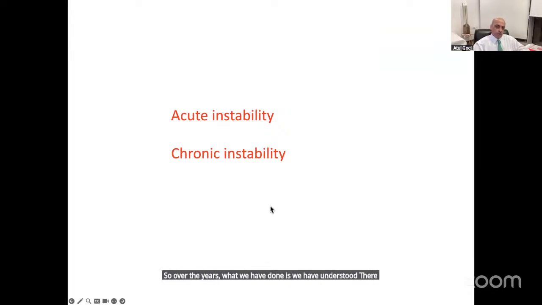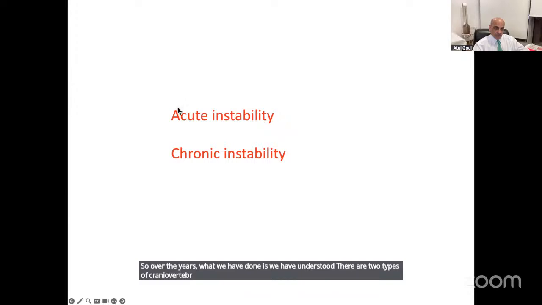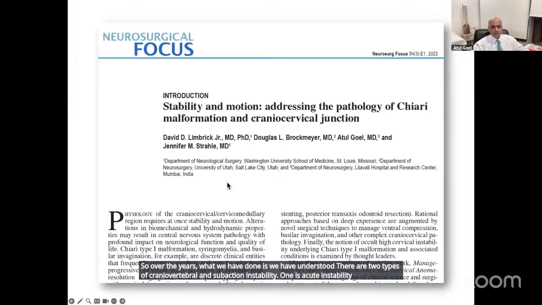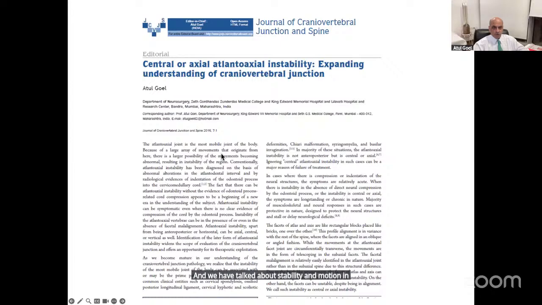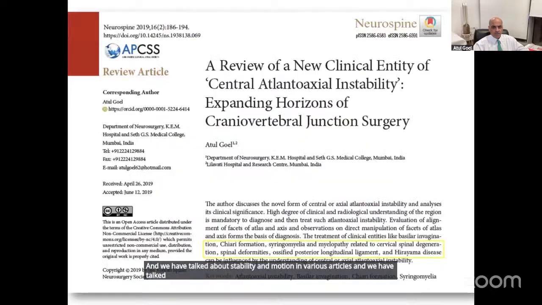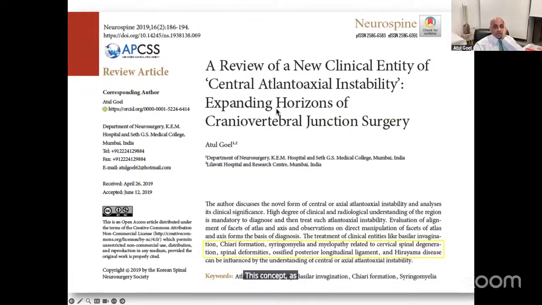of craniovertebral and subaxial instability. One is acute instability and one is chronic instability. And we have talked about stability and motion in various articles, and we have talked about central and axial instability. This concept, as I was mentioning, that central or axial craniovertebral junction instability is the genesis, is a chronic instability.